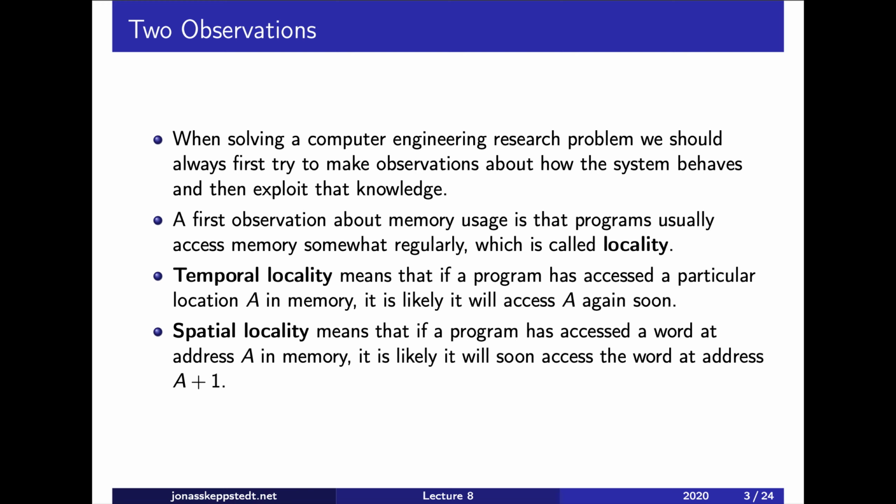The other observation that is made is spatial locality. That means if we use address A, then it's likely that we will also access A plus 1. And how come? Well, there are different situations, but if we iterate through an array, for instance, then we have spatial locality.